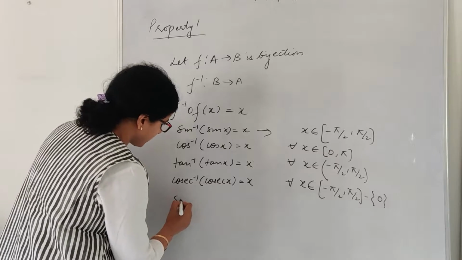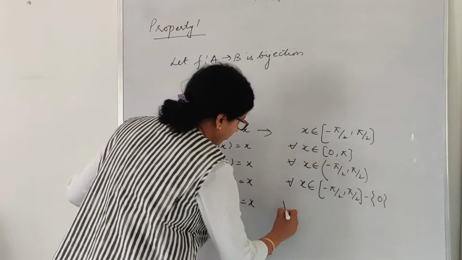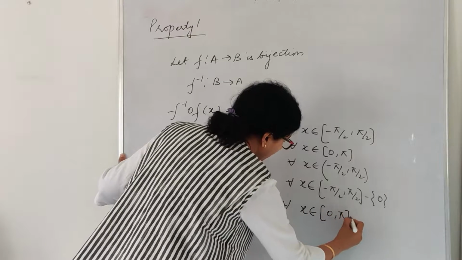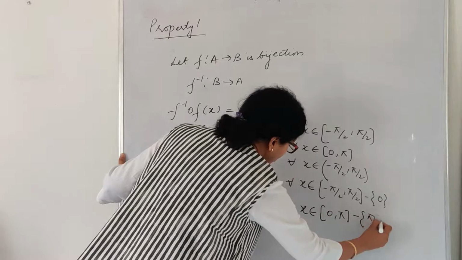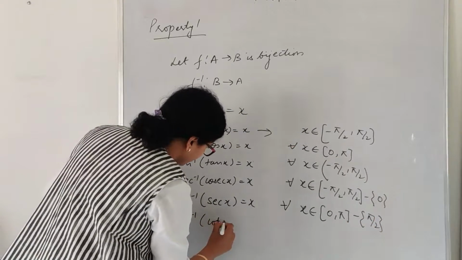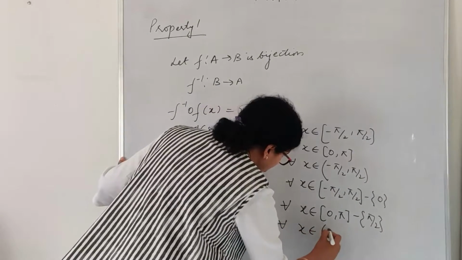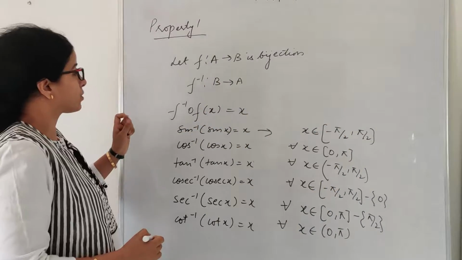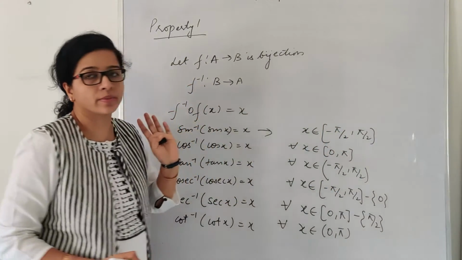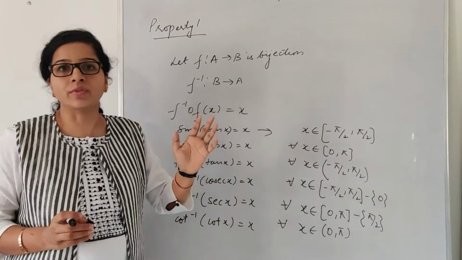Secant inverse secant x will be equal to x for all x belonging to closed interval 0 comma pi minus pi by 2, and cot inverse cot x will be equal to x for all x belonging to open interval 0 comma pi. So this is the case when they belong to the principal range. If x belongs to some other range, that we will check now.